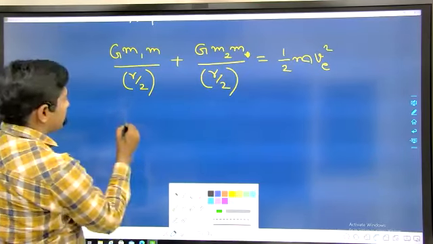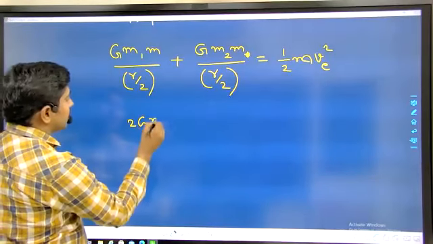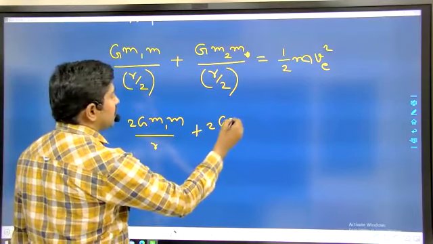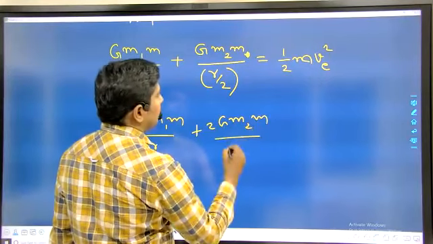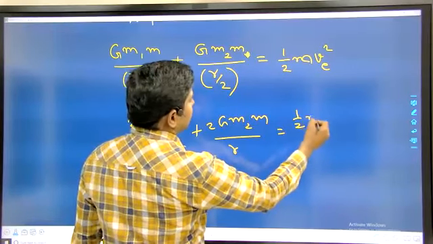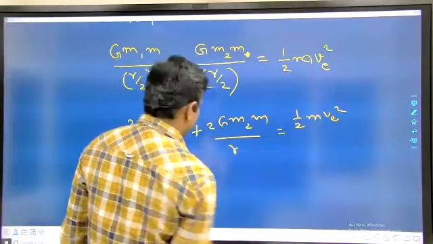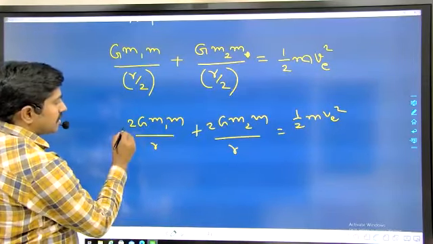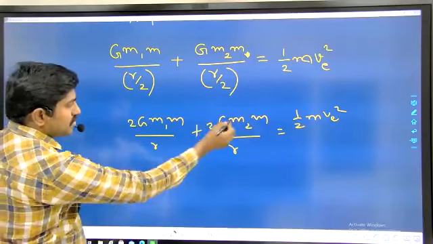Now this can be taken as 2G m1 m by r plus 2G m2 m by r is equal to half m ve square. And m will be cancelled everywhere here, and you will only have 2G m1 by r, 2G m2 by r.